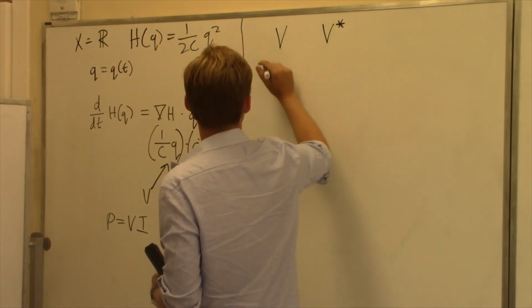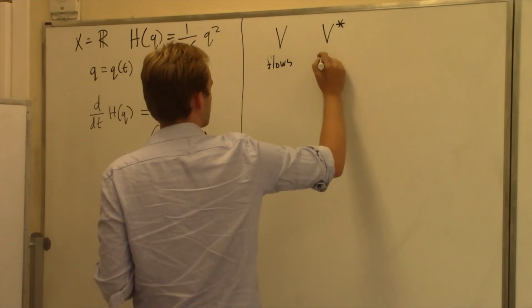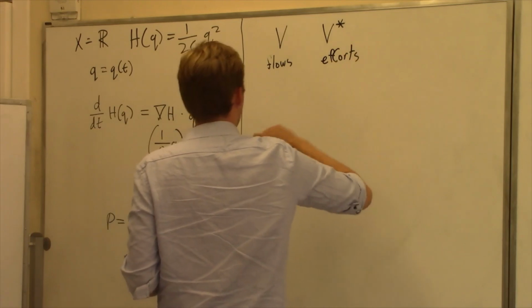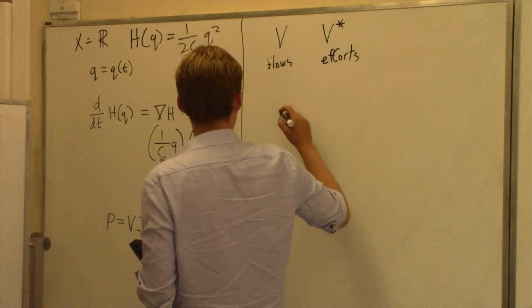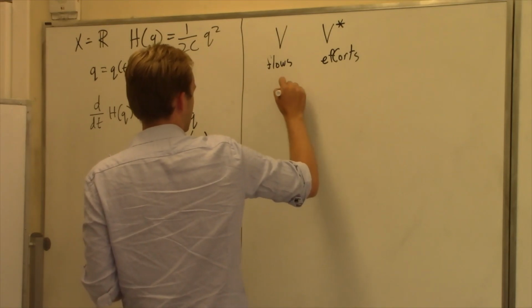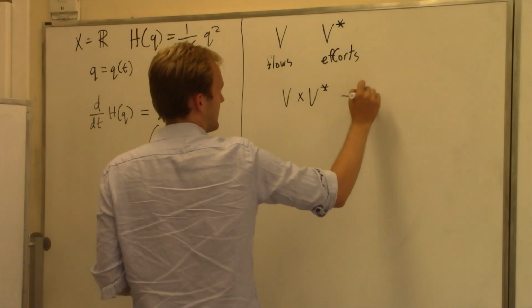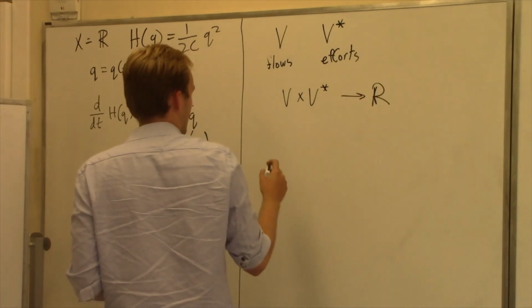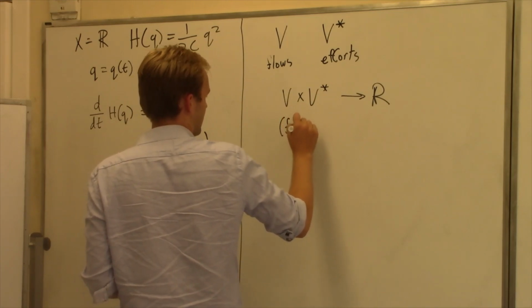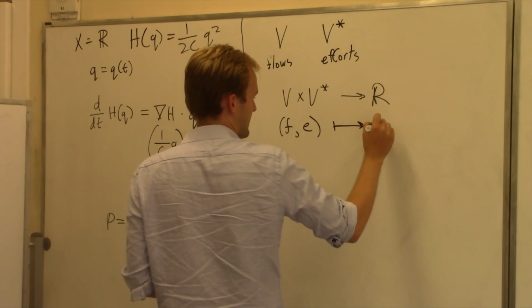We have a vector space of flows, and then its dual we consider to be the vector space of efforts. And we have a map V cross V dual to R, which sends a flow and an effort to their pairing.